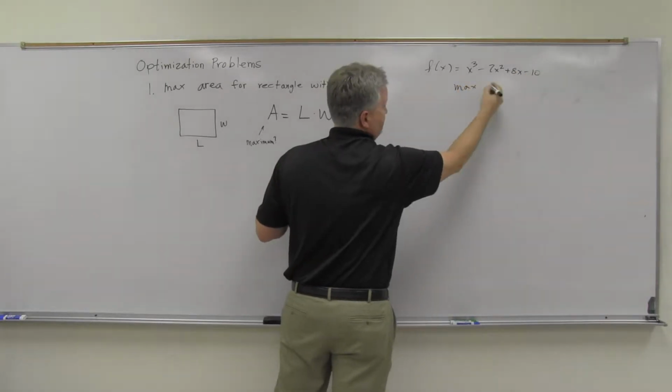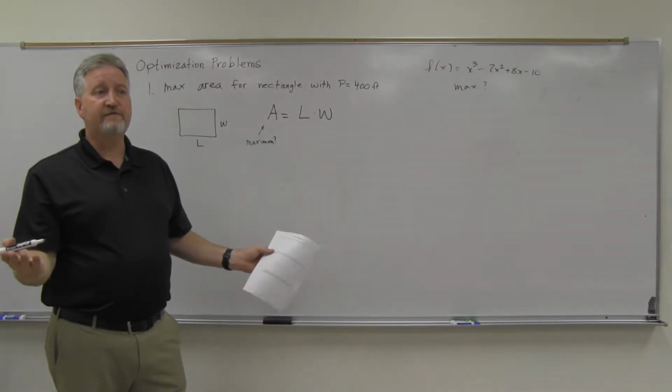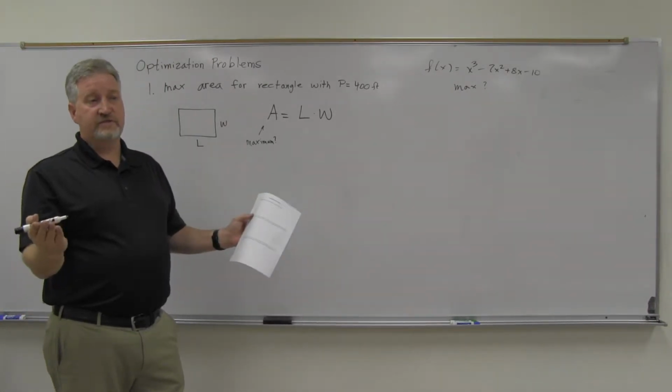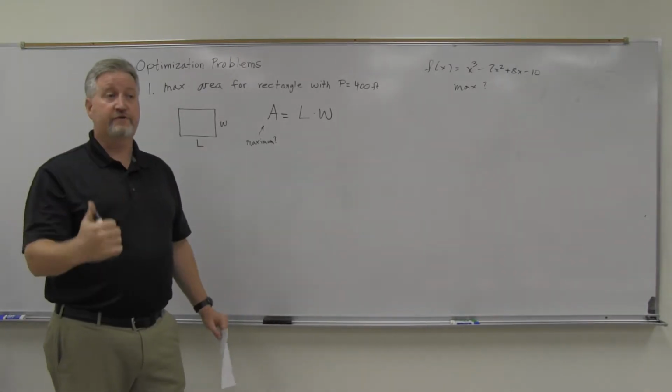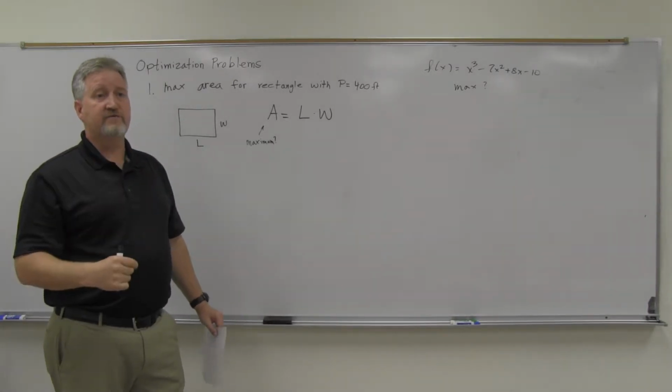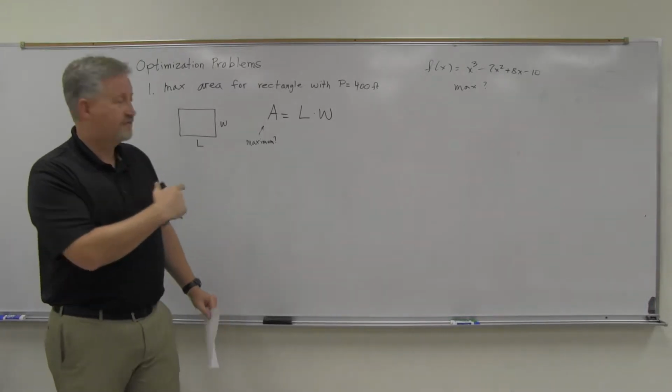How did I find the maximums or minimums? Critical numbers, right? I did the derivative, and then I set the derivative equal to 0, or where the derivative does not exist. I look for the derivative, and then the derivative equals 0 in most cases. Same thing here. I'm going to do the derivative of this.